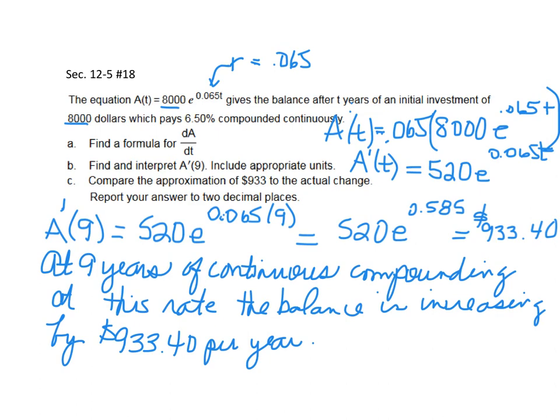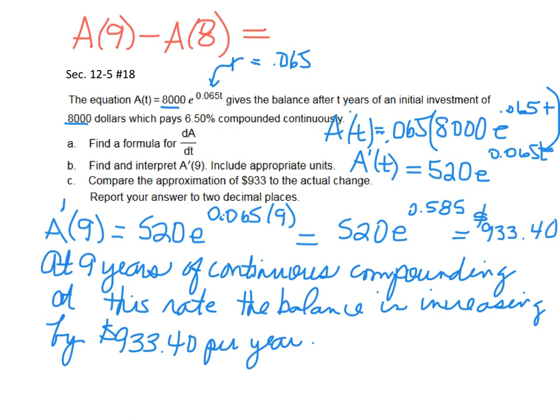So what we would do to answer this part of the question is we would need to find A of 9 minus A of 8. And I'll do that on the calculator and give you the values.